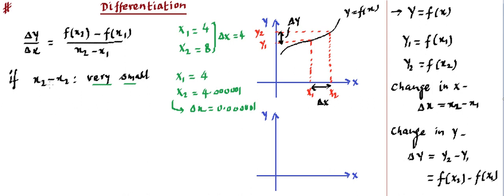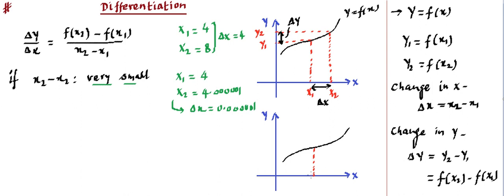So if this x2 minus x1 is very small, that means delta x is very small, then we can write this delta y upon delta x in a different fashion. So let me draw the similar graph again on this y and x plane, the same graph, and we are taking the same x1 that we had taken earlier.